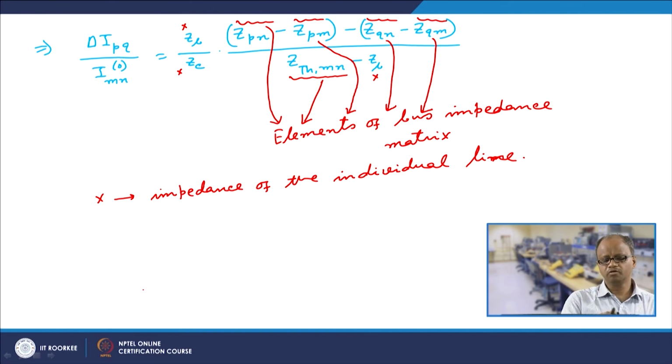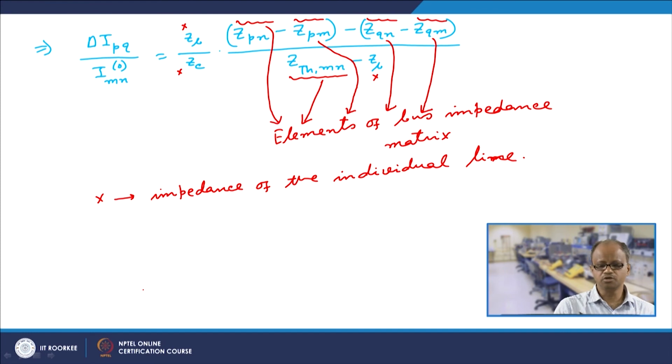Now, here we have got the change in the line current over any existing line because of the outage of any given line. But when we started discussing the concept of sensitivity factors, we said that we are actually trying to estimate the change in the power flow, that is basically the real power flow, over any remaining line due to the outage of any given line.